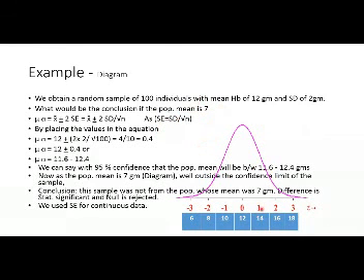Now we compare this 7. Now 7 is outside 11.6. It is quite less than 11.6. Clear? Now in this case, our confidence area is probably this one, 11.6, this is 10 and this is 12.